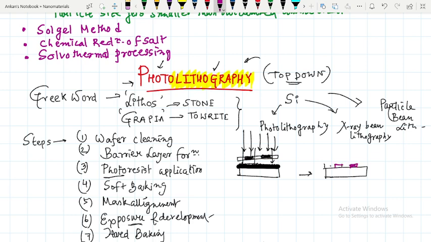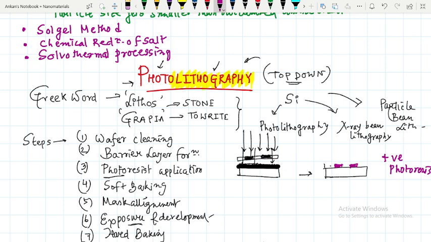So you can clearly see here that the photoresist which is exposed to the light becomes completely soluble, and the part which is masked remains on the silicon wafer. So the degradation is possible here and the desired pattern on the wafer is formed. So this is the type of photoresist, positive photoresist.